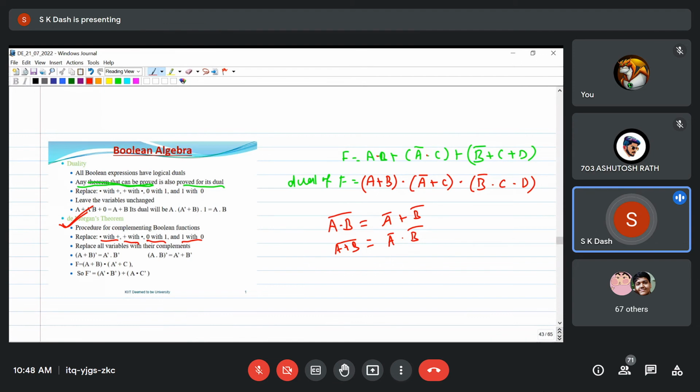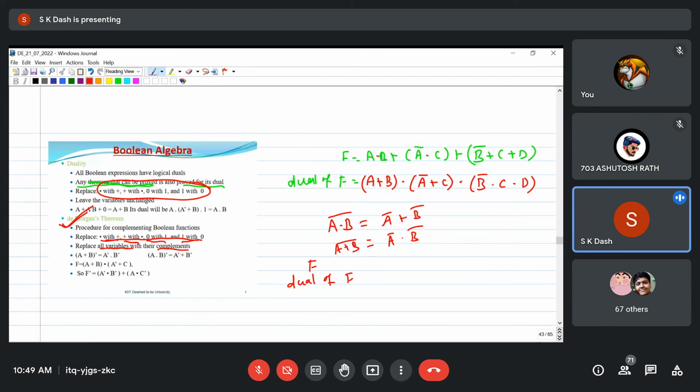If you are interchanging this, basically you are finding the dual only. So whatever function is given, first you need to find the dual of that function. Then you need to replace all variables with their complement.